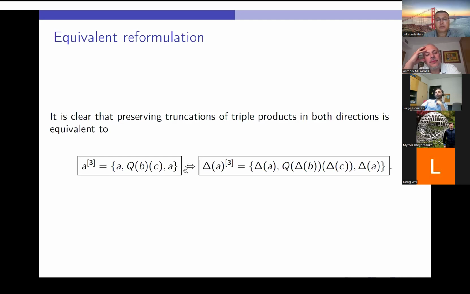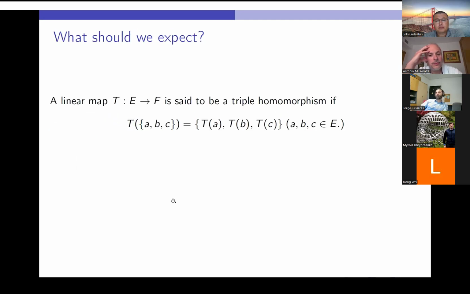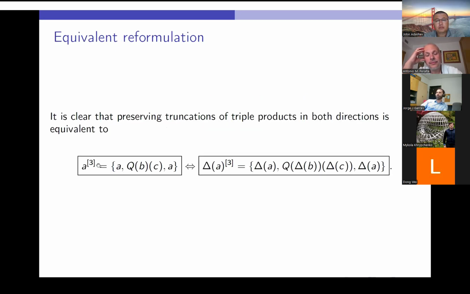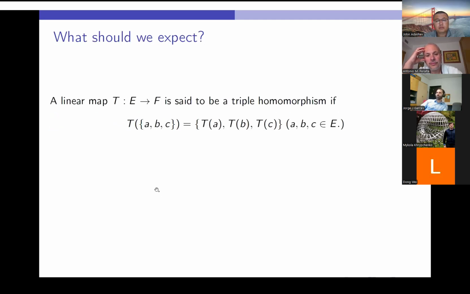And well, first we need to think what can we expect of such a mapping. So what would be a mapping that preserves truncations? Of course, a mapping that preserves triple products should preserve truncations, right? Because everything here is given in terms of triple products. So if you preserve triple products, then you preserve truncations.